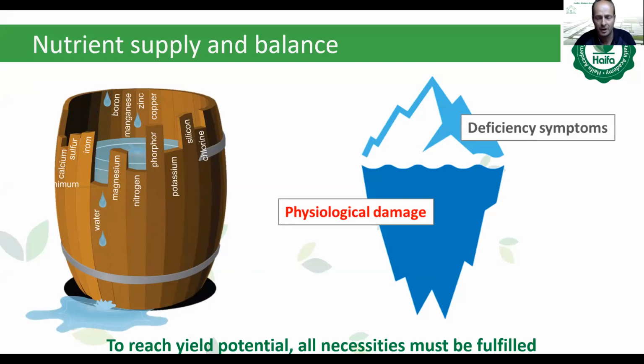So the balance must be there, and also in the root zone we are going for a good balance of the diverse elements. When we have that organized in the root zone, then we do everything from the fertilizer point of view to keep a healthy crop, and we don't expect deficiency problems. If we have something wrong in the root zone, then we go to the right of the screen, and we can expect some deficiency problems in the top, above the soil.